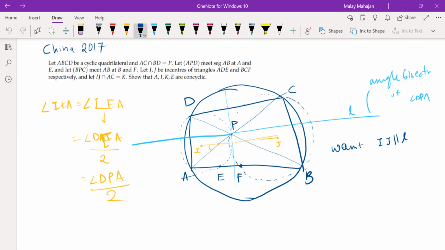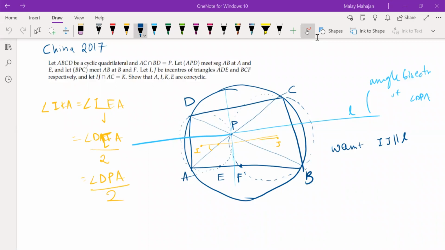I'll probably give some idea in some 2 minutes. EI passes through cap AD.